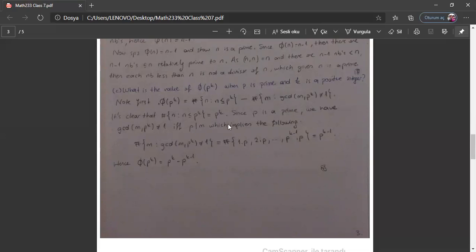So as p is a prime, the only divisors of this p to the k are the multiples of p, as in here. And how many elements are there? It's p to the k minus 1. So the number of the elements of this set is p to the k minus 1. Here we had p to the k, then phi of p to the k is p to the k minus p to the k minus 1.